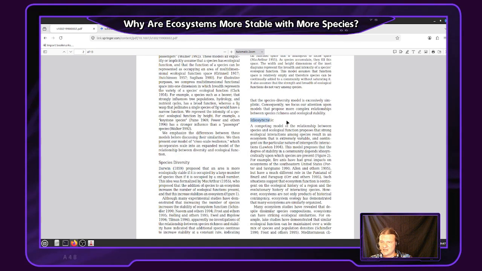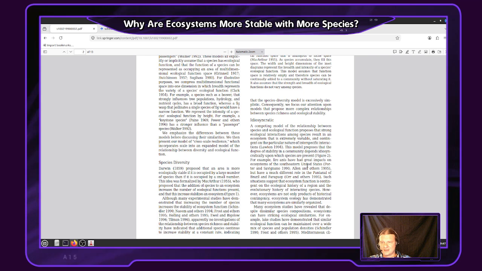is this idiosyncratic model, essentially saying that different species have vastly different ways of interacting with each other. And what we care about is the interactions between species, not necessarily just how many species are present. So in the native range of fire ants in South America, we have some interaction between fire ants and all of the other organisms in that area.